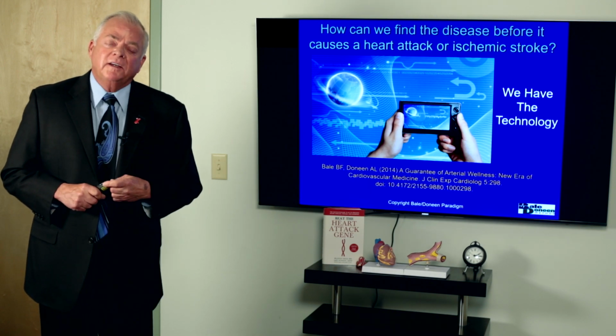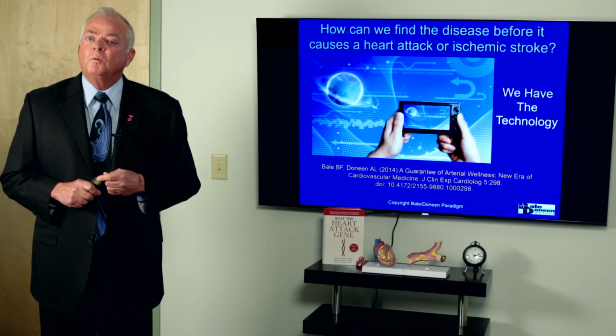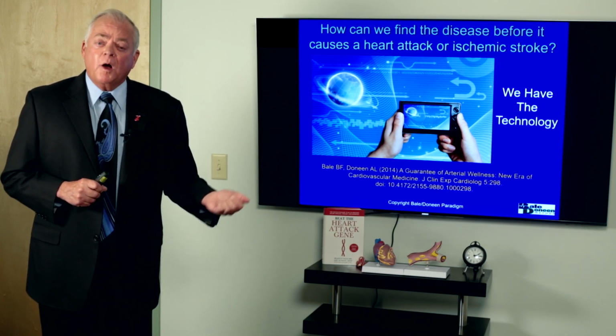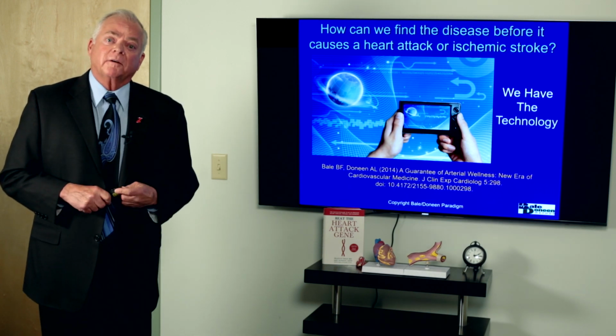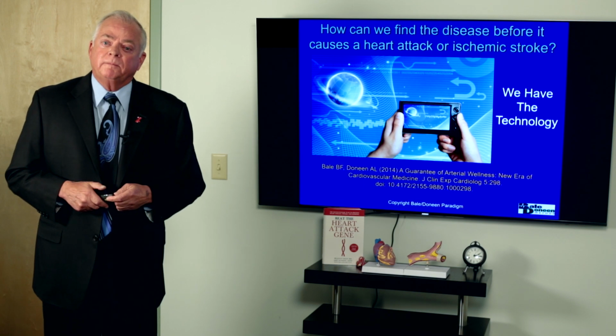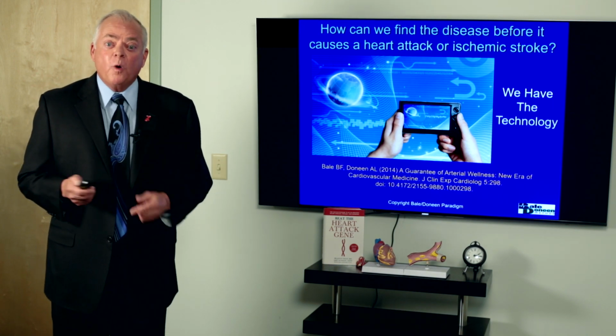And that guarantee is based on two evolutions in healthcare. One is we now have the technology to go find disease in the wall of the artery long before a patient would know it's there. The other element we'll get to in a little bit, so just hold on.